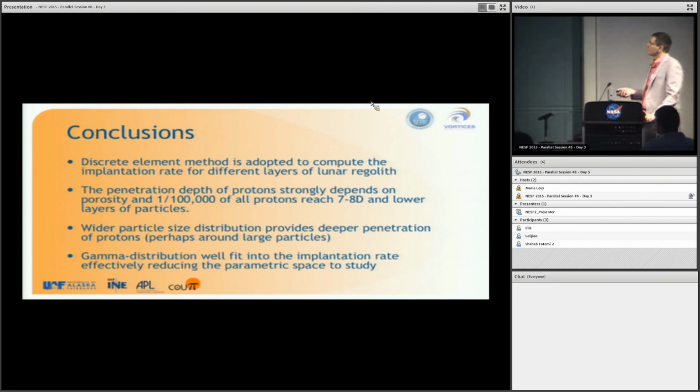We found that the penetration depths of protons strongly depend on porosity, and we can get 1 out of 100,000 protons reaching levels 7 and 8. A wide particle size distribution provides deeper penetration of protons around large particles, and we were also able to find a pretty good function that fits the final implantation rate. So that's it.